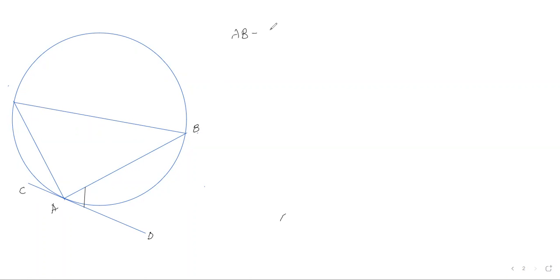AB is a chord, and then CAD is a tangent, touching the curve at a point. So we want to prove that this angle here is the same as that angle there.